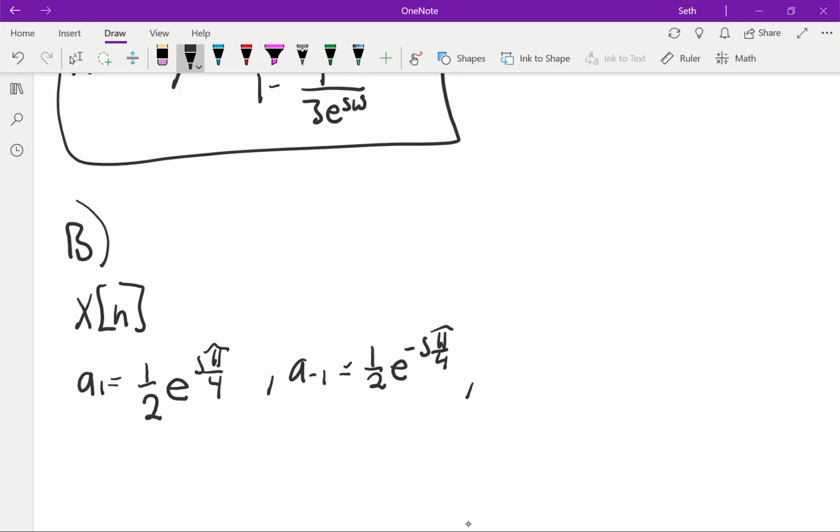We're told that omega naught is equal to pi over 2.